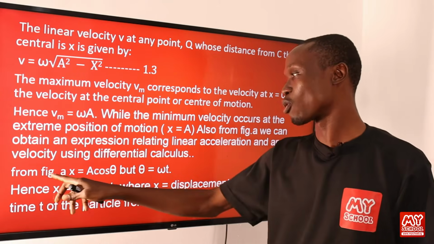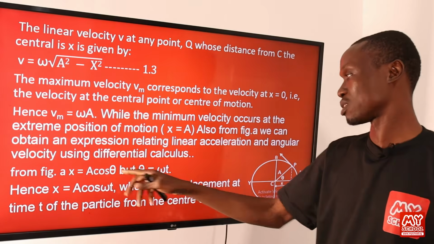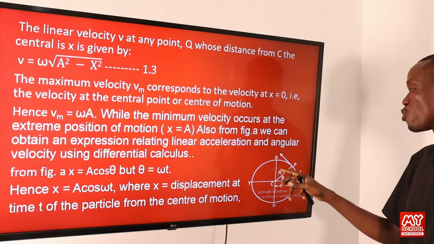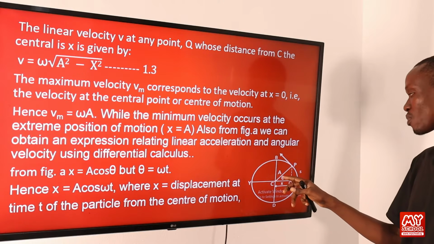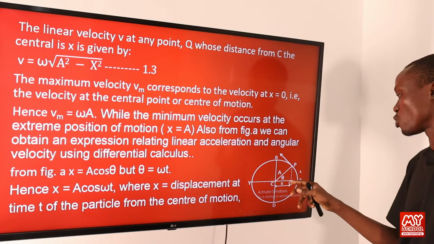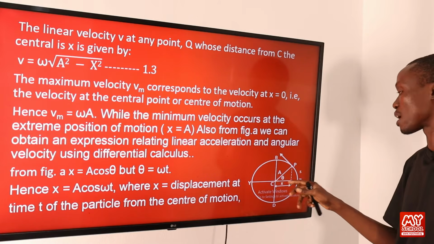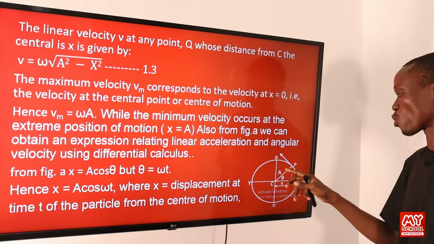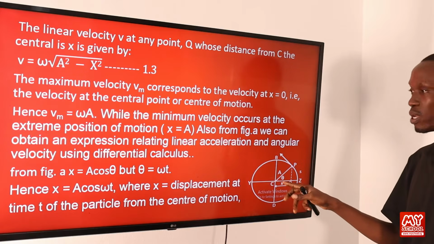So from figure A, s is equal to A cos theta. Now we are looking for s and we know A, and we are given the angle between the line CQ and the line CP. The distance CP is equal to A and the distance CQ is equal to s.